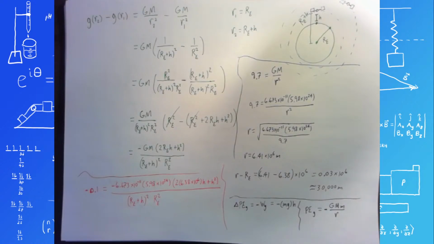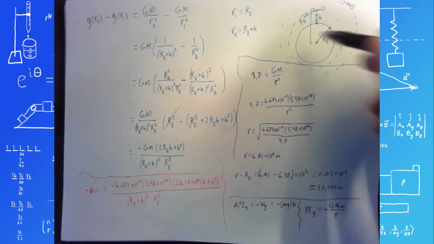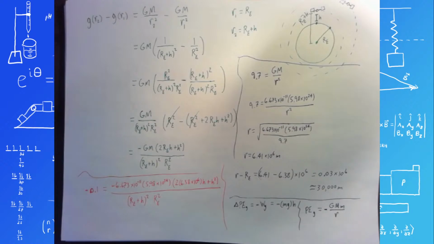So that works really nicely for us. We don't want to set it to zero at the Earth's core because then you have to calculate GMm over zero, and division by zero is going to cause us a headache. So we set it to zero infinitely far away around the edges of the universe.